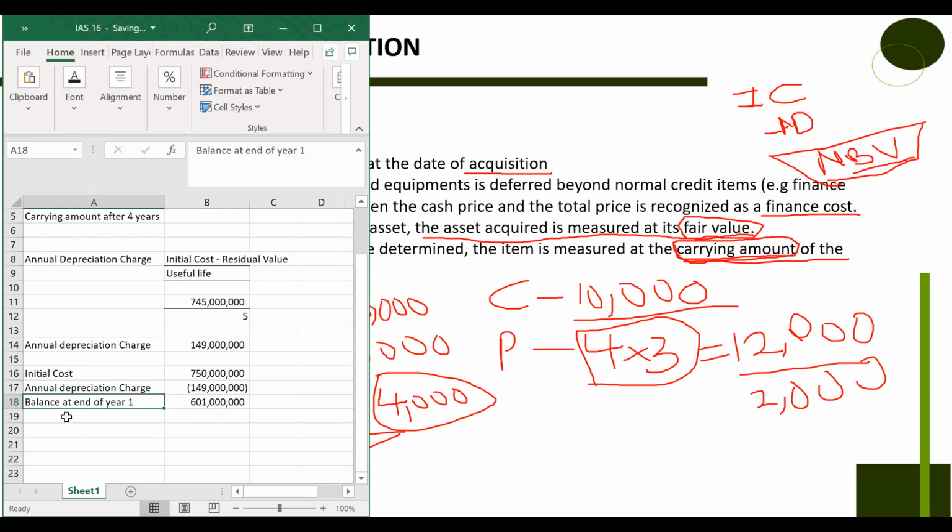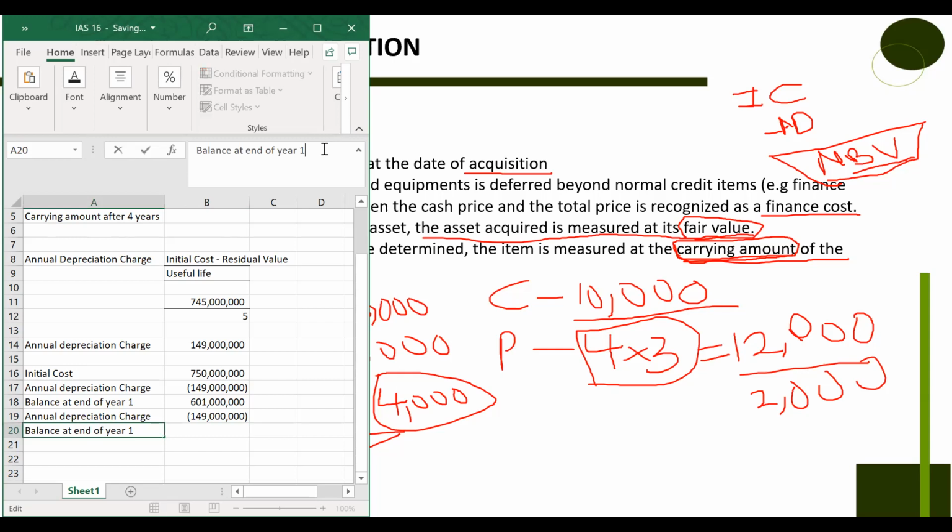So balance at the end of year 1, let's just divide. In year 2, we apply another word, annual depreciation charge. How much do we charge again? 149,000. How much will be the balance at the end of year 2?